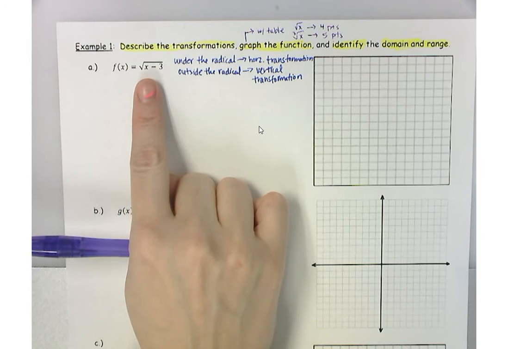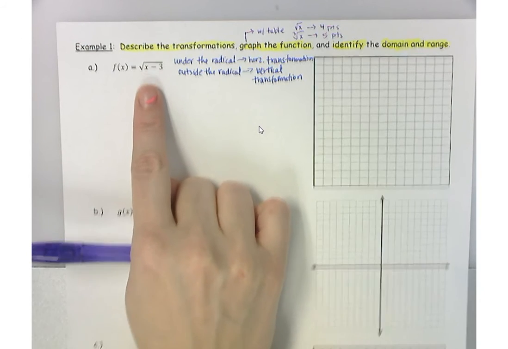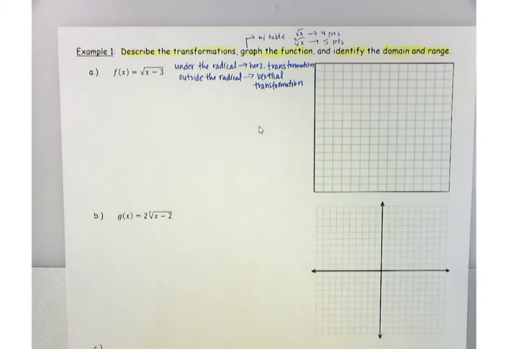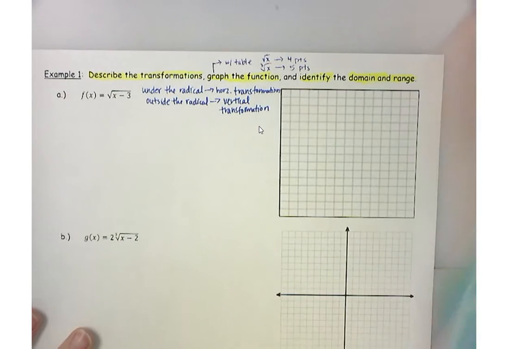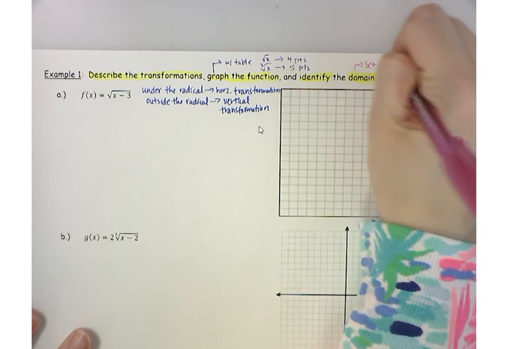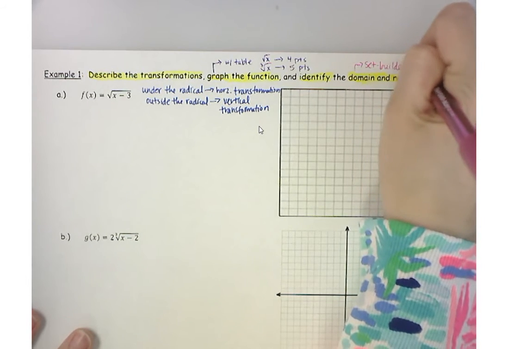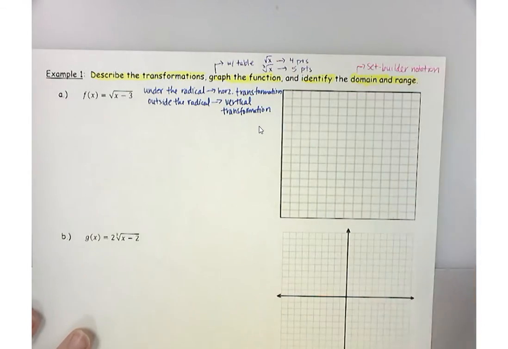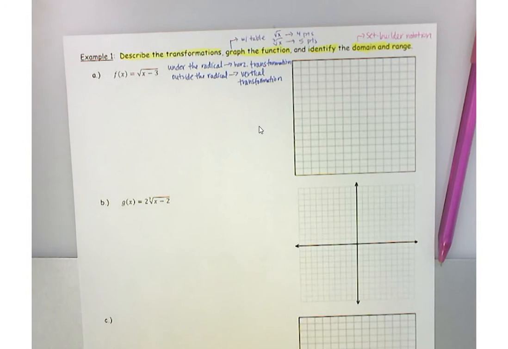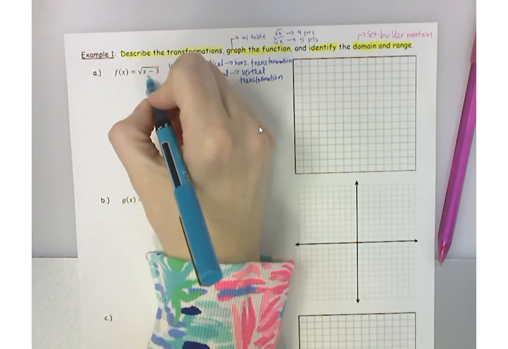All right, so first let's talk about the transformation. I do have one that's under the radical, so I know it's going to be horizontal. So I have x minus 3. Lauren, what kind of transformation do you think that is? A horizontal translation 3 units, right? Good. So a horizontal translation 3 units right.